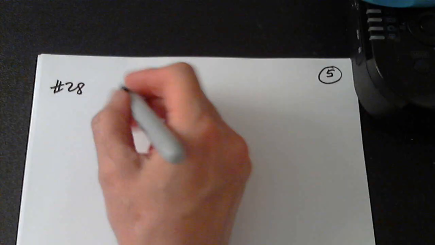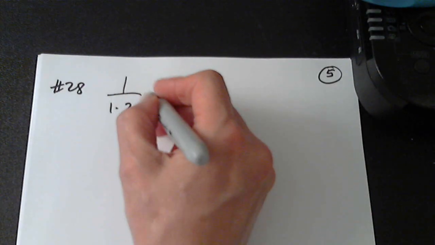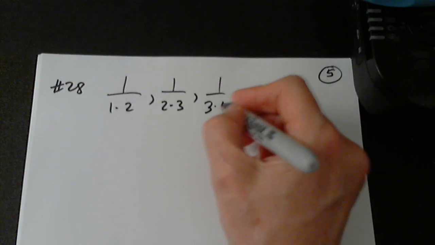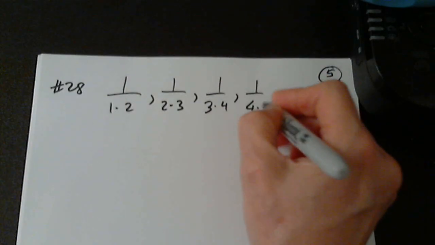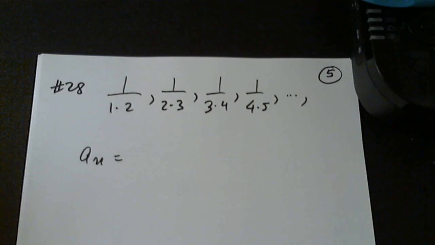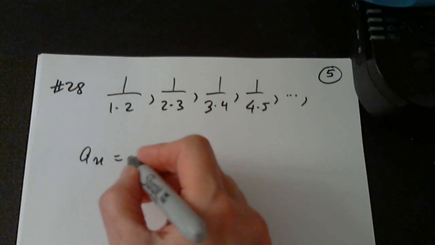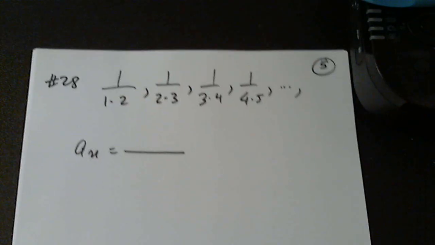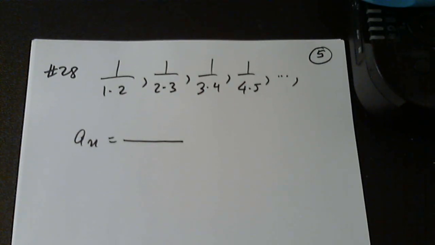Can you do 28? 28, perfect. In 28, we have 1 over 1 times 2, comma, 1 over 2 times 3, comma, 1 over 3 times 4, comma, 1 over 4 times 5, and so on. And now we want a sub n, the general or the nth term. Good. So let's see what we come up with.